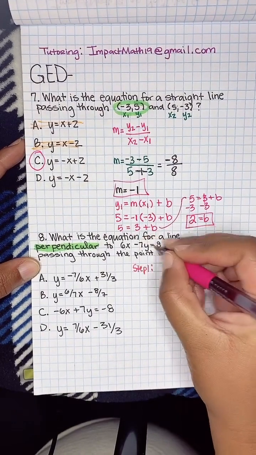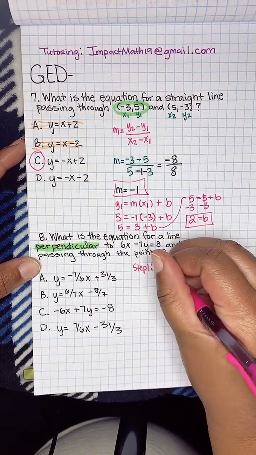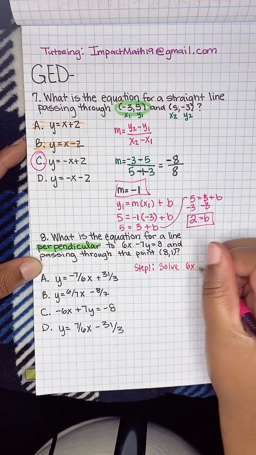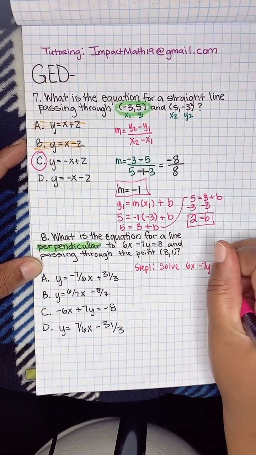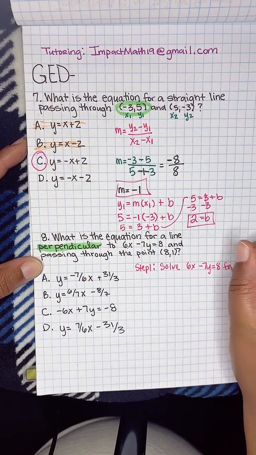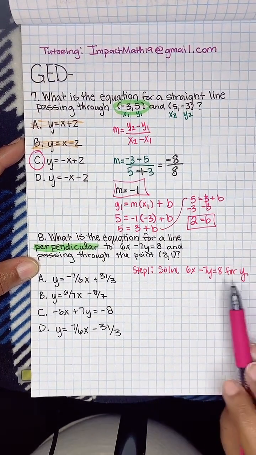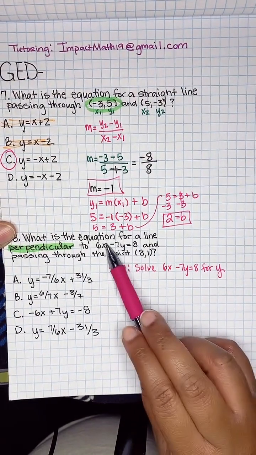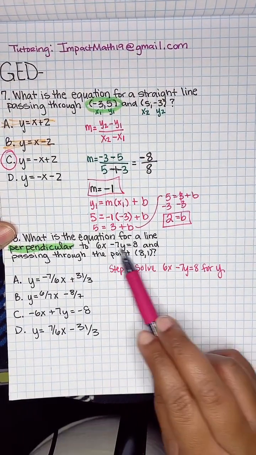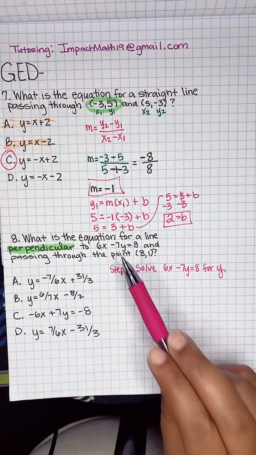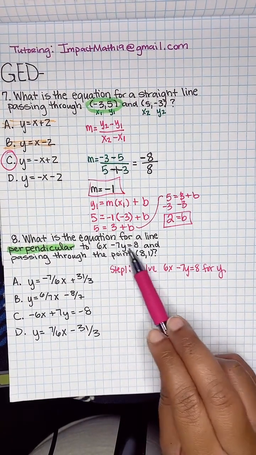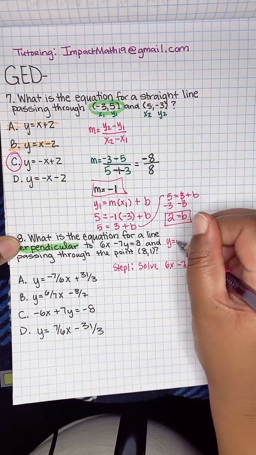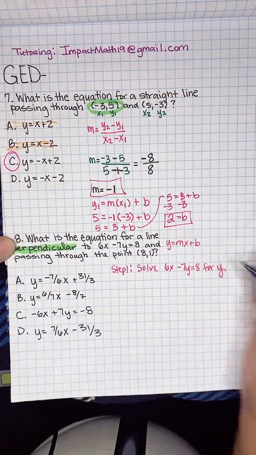I'm going to solve 6x minus 7y equals 8 for y. I'm doing this because I need to know the slope of this equation, and I don't know it yet. The only way I can figure out the slope is if I have it in y equals mx plus b form.